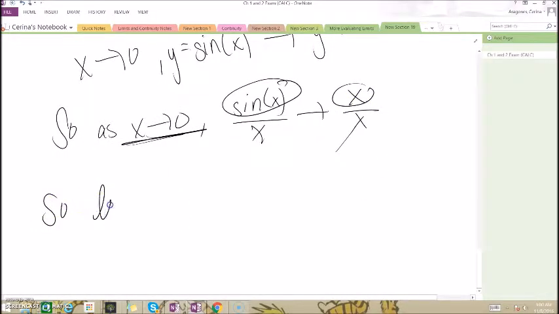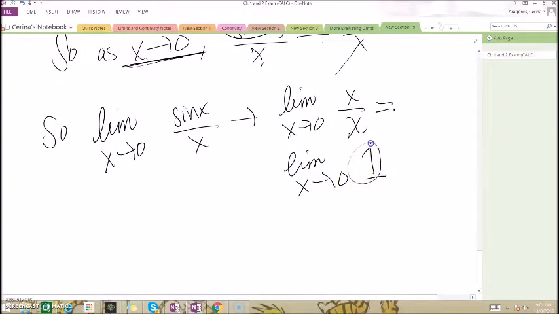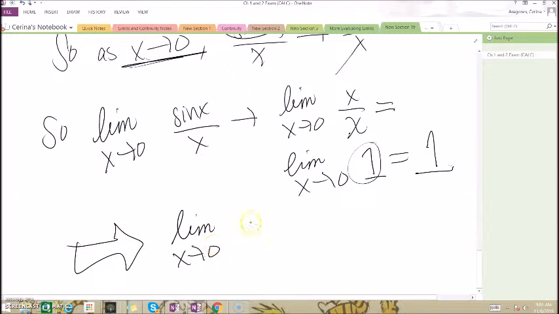So the limit as x approaches 0 of sine of x over x starts looking like the limit as x approaches 0 of x over x, which happens to be the limit as x approaches 0 of 1, because x divided by x is 1. The limit of 1 as x approaches 0 is just 1. So the limit as x approaches 0 of sine of x over x is equal to 1.